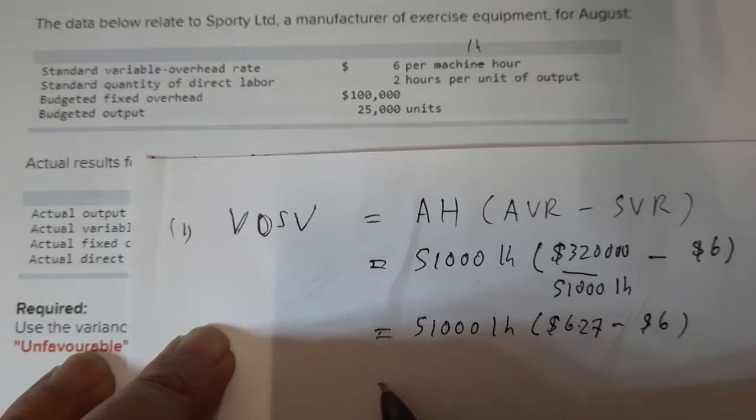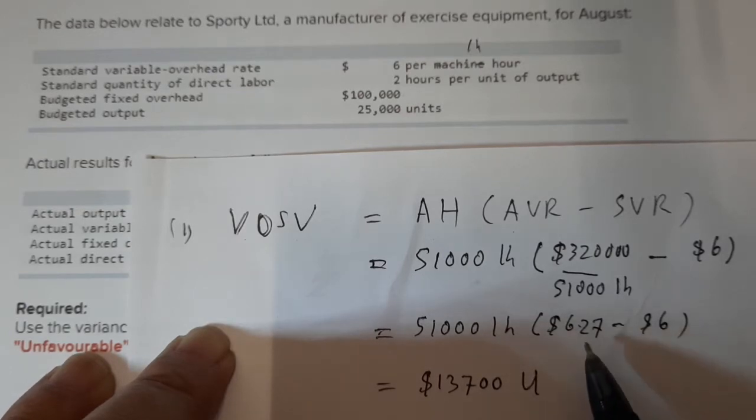Okay, the answer is $13,700 unfavorable. Why unfavorable? Because the actual overhead rate is higher compared to the standard overhead rate. Okay, this is straightforward.